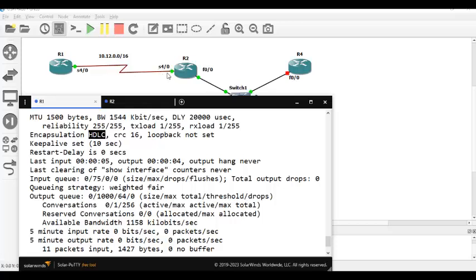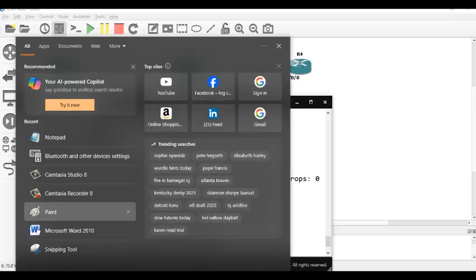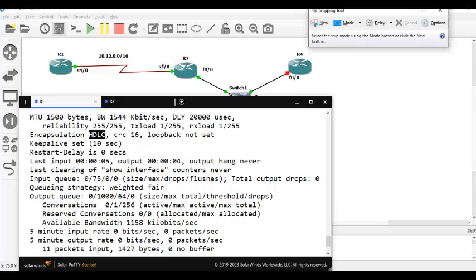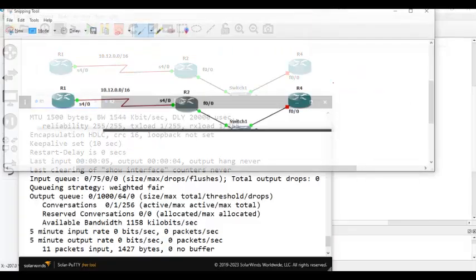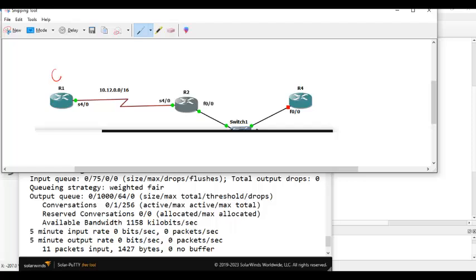But if you have a Cisco router and a non-Cisco router, then you need to worry about this encapsulation. If this is Cisco and this one is Juniper, this will speak in Telugu, this will speak in Urdu. They don't understand each other.